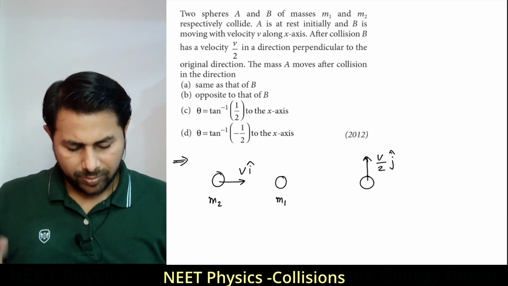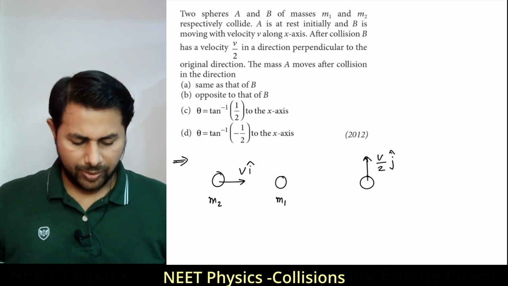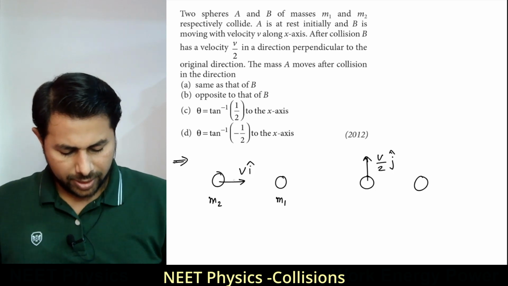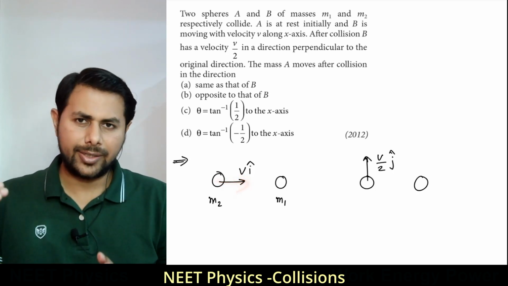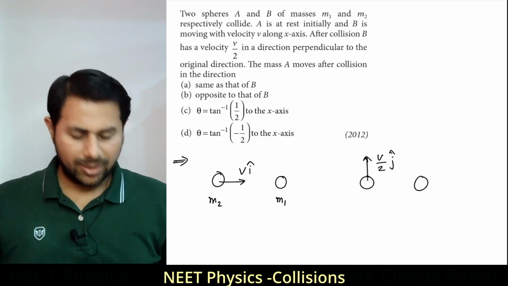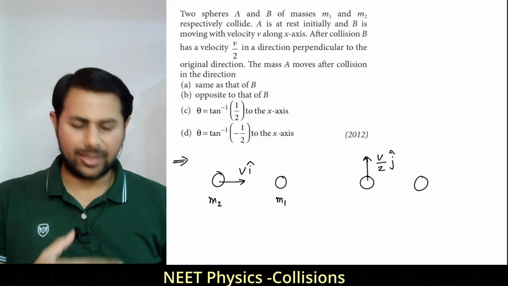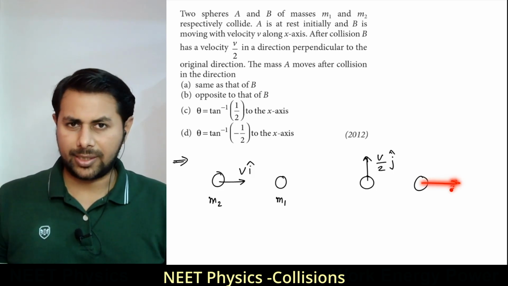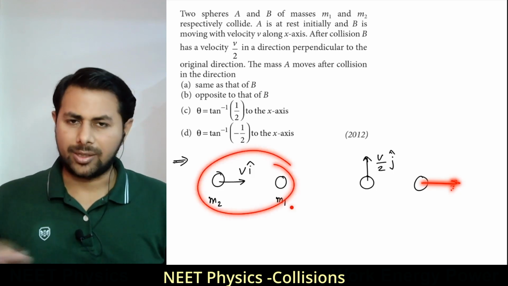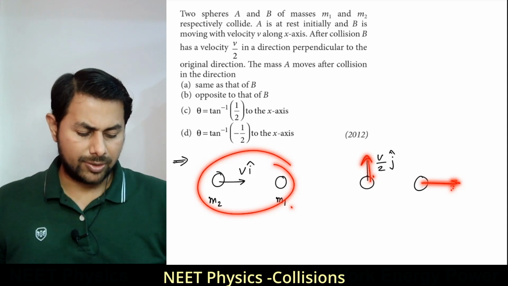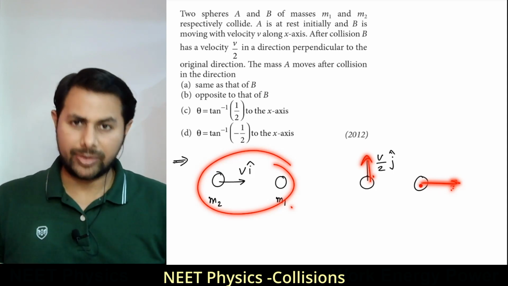The mass A moves after collision in some direction. Now see, initially it had some horizontal velocity, so for conservation of momentum in the horizontal direction, it will have some momentum in the horizontal direction. There was no vertical momentum initially, but now B has vertical momentum, so A will have vertical momentum in the reverse direction.